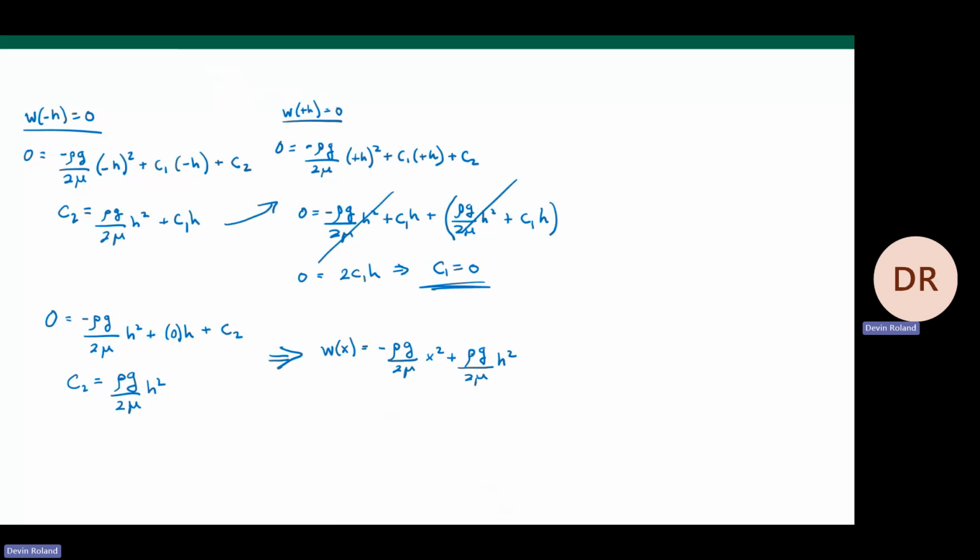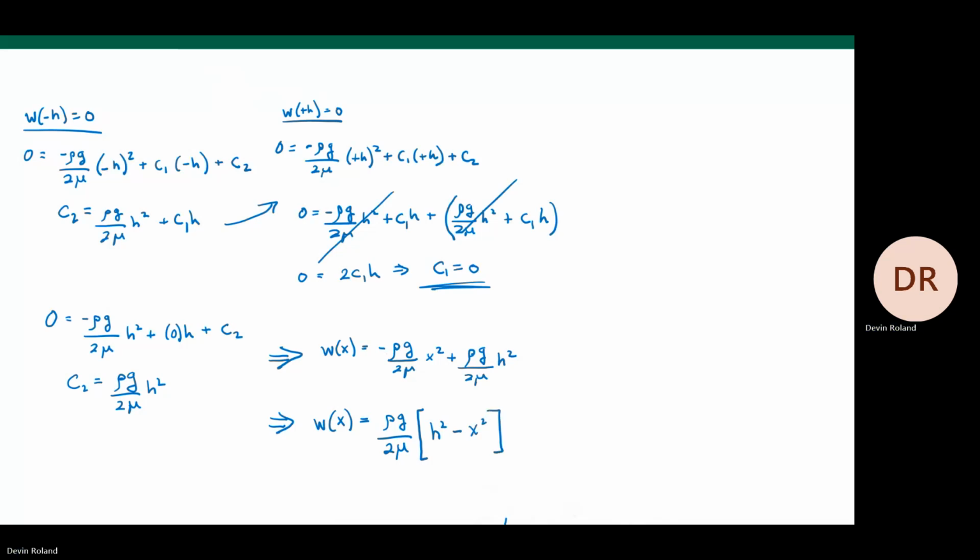Now let's rearrange this a little bit to make it look cleaner. The very last bit here is we can take out rho g over 2 mu, the common factor, from these two terms.